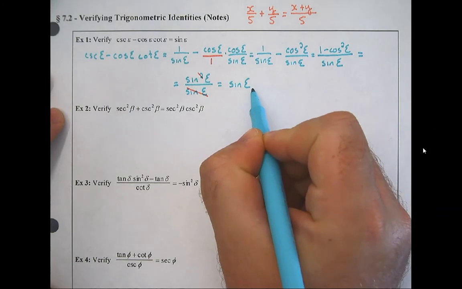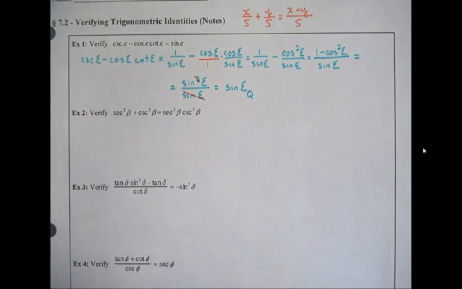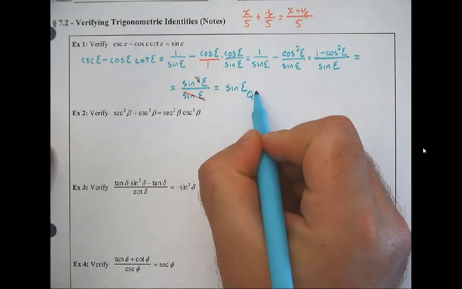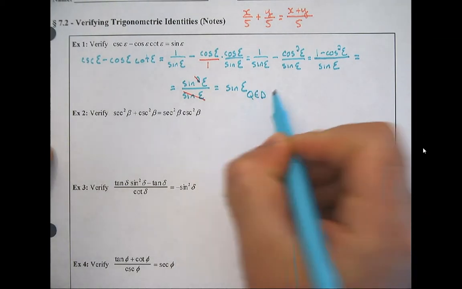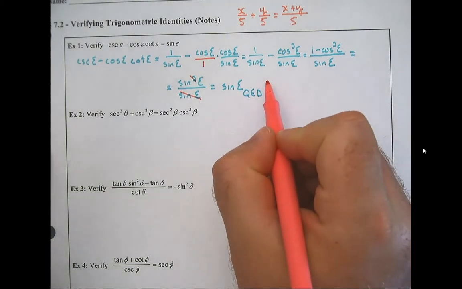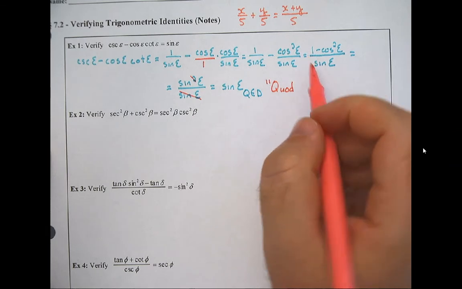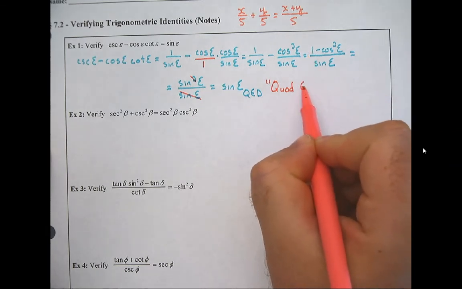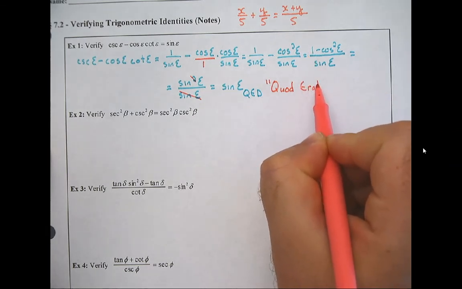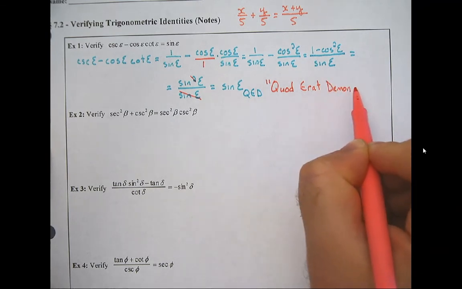There's two ways. The first way, my favorite way, is to write the letters Q, E, D at the end. That is Latin quod erat demonstrandum.